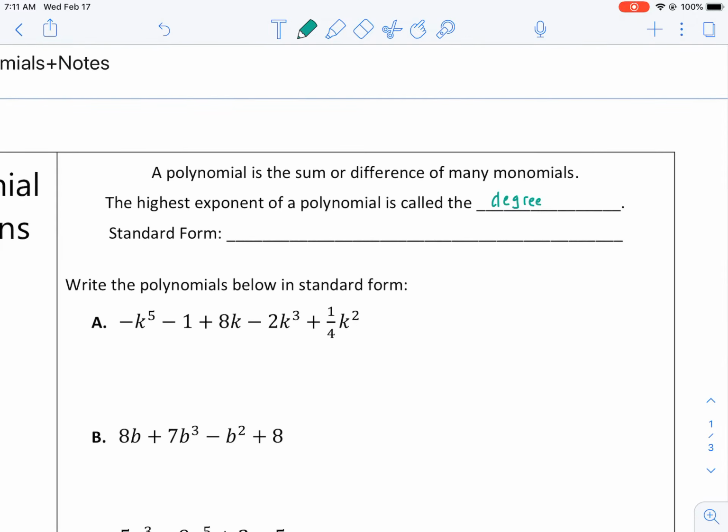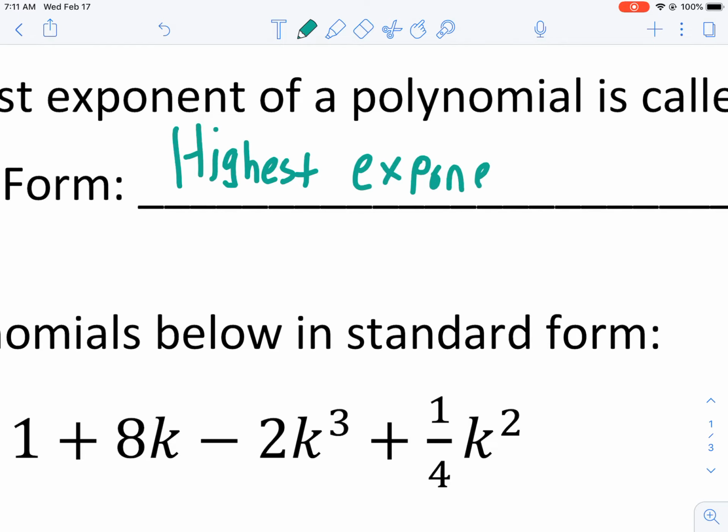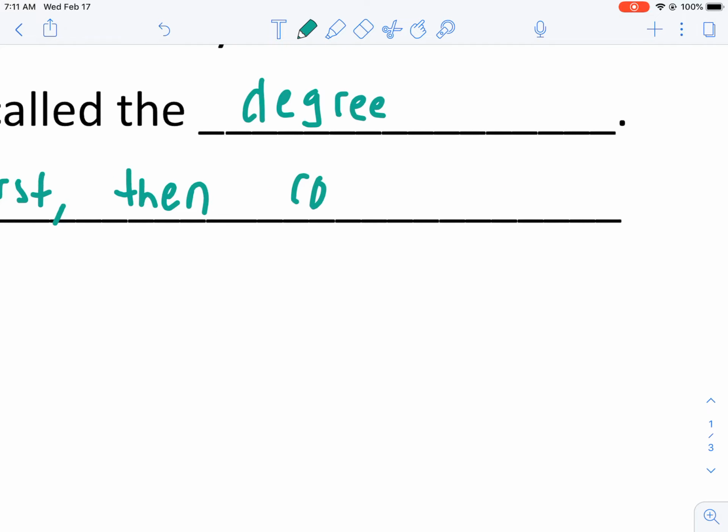The standard form of a polynomial is highest degree, or highest exponent, first, and then it counts down, all the way down to an exponent of 0, which means just a normal number.